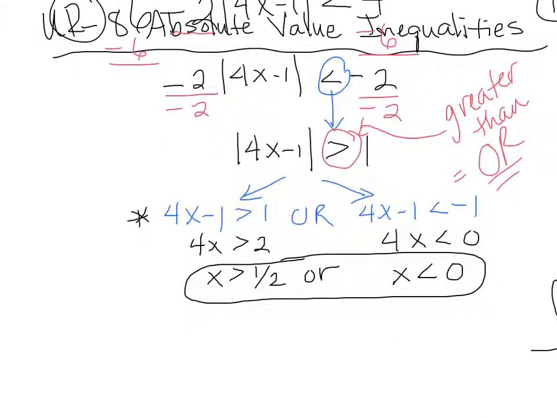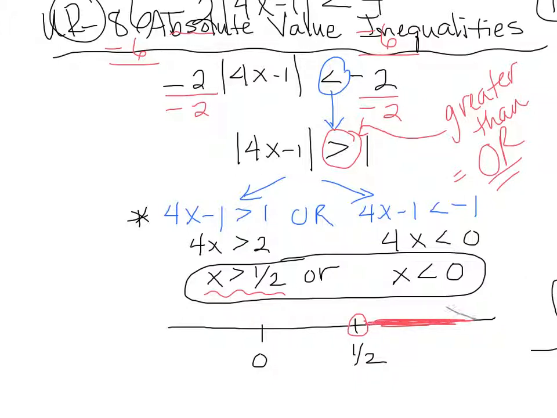Move all that up so we can get a number line on the bottom. Okay, now on the number line, 0 is the smaller of those 2 boundaries, and 1/2 is larger. X is greater than 1/2. That's an open circle and shading to the right.